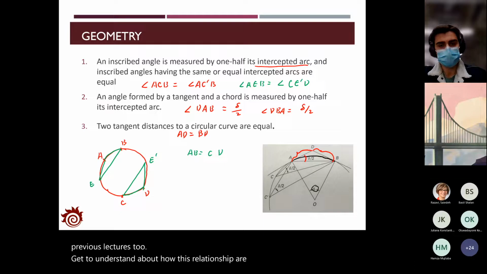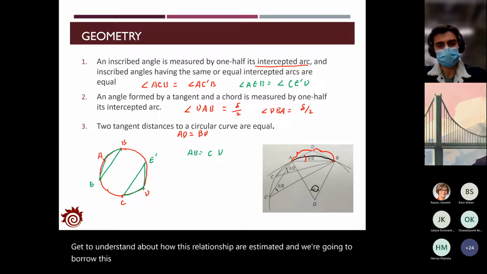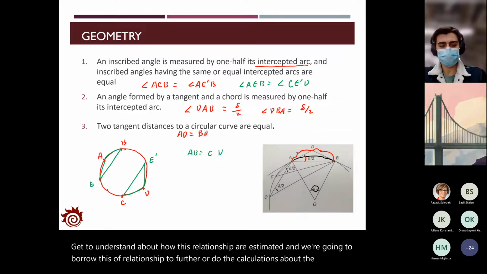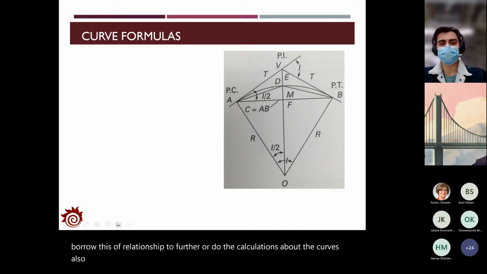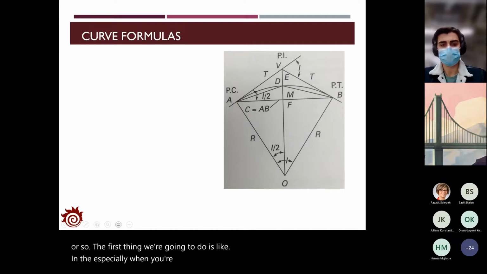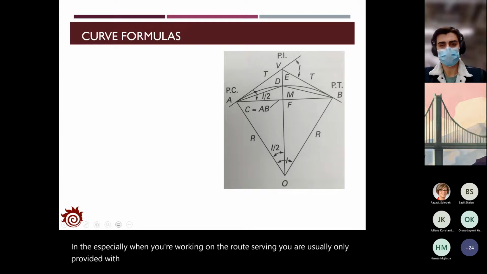And we're going to borrow these relationships to further do the calculations about the curves. So the first thing we're going to do is, especially when you are working on the route survey, you are usually only provided with several pieces of information, with the straight line information.